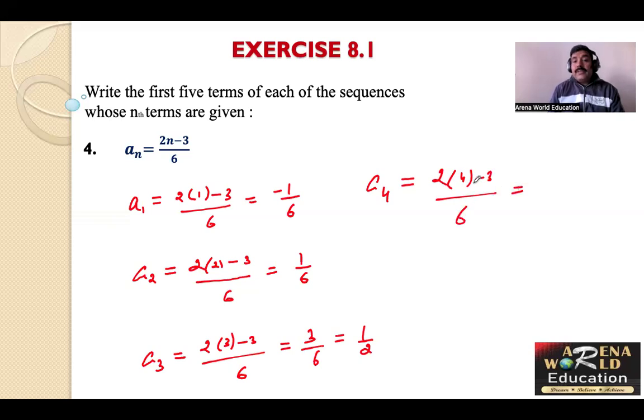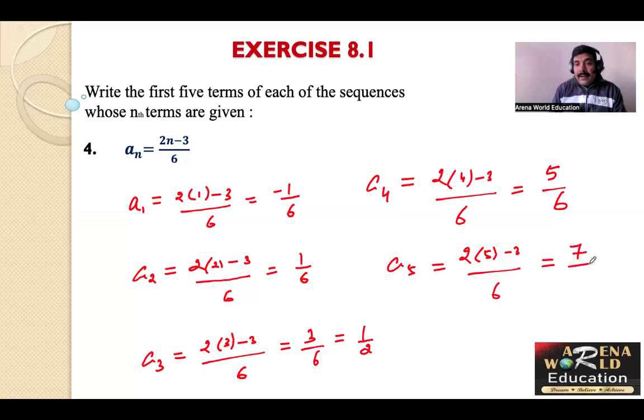So 2 fours are 8, 8 minus 3, 5. So it will be 5 over 6. So now last A5, A5 will be 2 into 5 minus 3 divided by 6. So 2 fives are 10, 10 minus 3, 7, and this will be 7 upon 6. So in this way, we can find all the 5 terms.